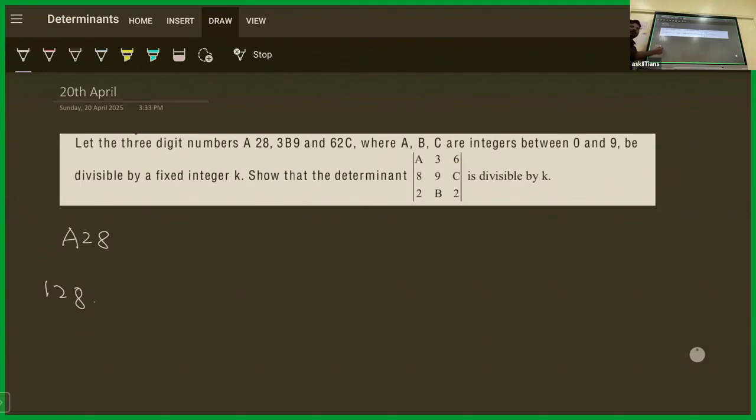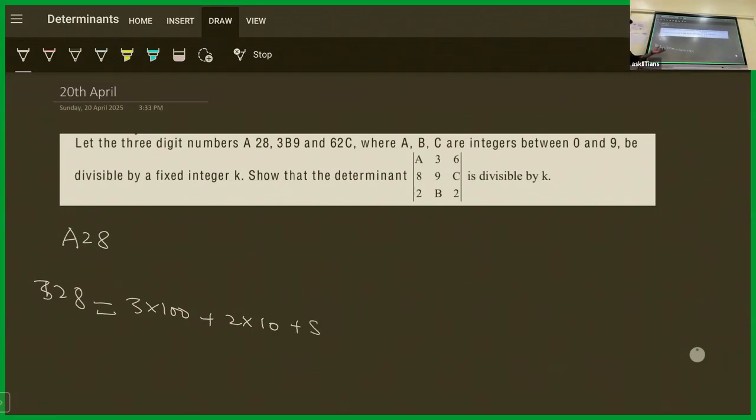So how have we expanded this? It's like hundreds place, tens place, and units place. Let's start by taking 328. 328 in expanded form, how can we write? 3 is in the hundreds place, so 3 multiplied by 100, plus 2 in the tens place, so 2 into 10, and plus 8 into 1.